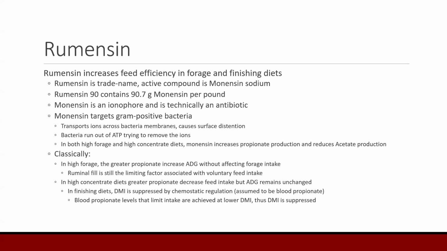Okay, so here, this could be TDN, this could be NEm, this could be dry matter digestibility on your x-axis. Here on your y, we have dry matter intake. As TDN, NEm, dry matter digestibility increases, forage intake will increase, up to a point.